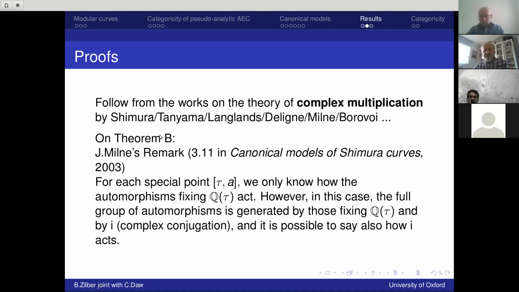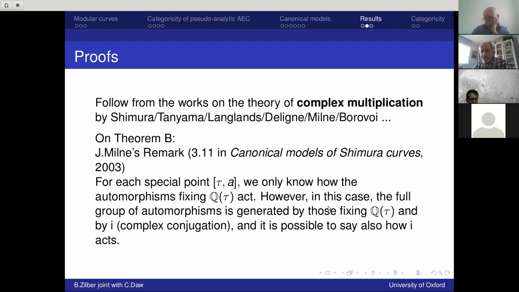Now, concerning this theorem B, which gives you the exact form of this Galois group, Milne, yeah, actually I asked Milne, and he pointed me to this paper, and that's what he says. He says that it should be something like this, right? This is all that there is in his paper.